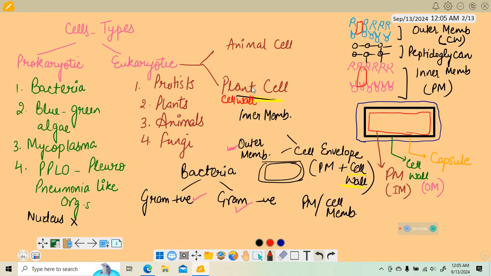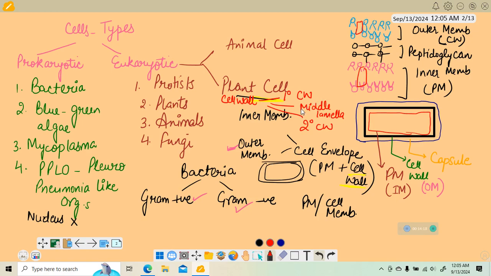If I talk about the case in plant cells, the cell wall consists of three components: primary cell wall, then middle lamella, then secondary cell wall.